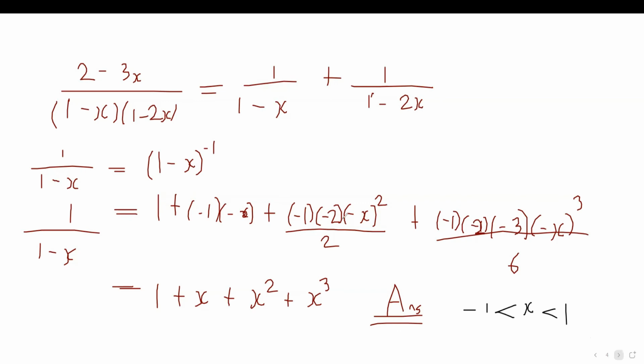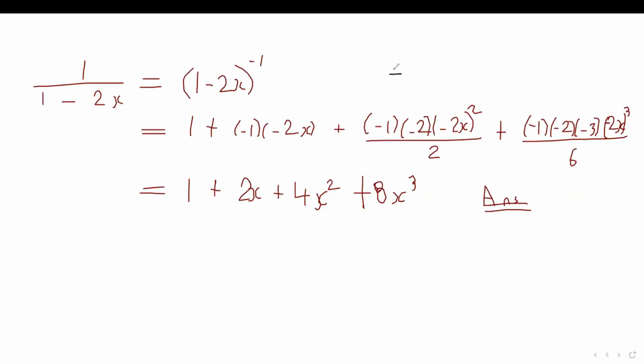But around here, it's going to be a case where it is valid when 2x is between 1 and minus 1. So in a case like this, this part would simplify just to be it is valid when x is between 1/2 and negative 1/2.